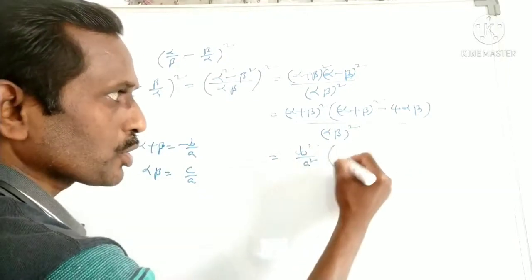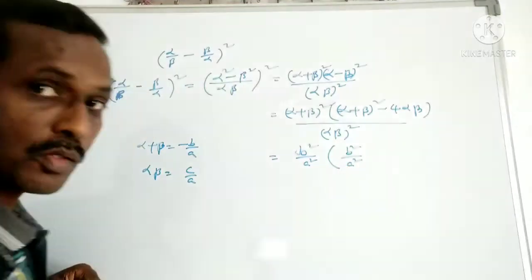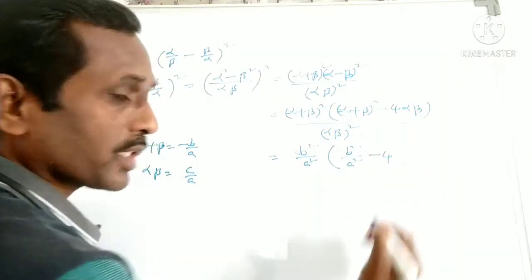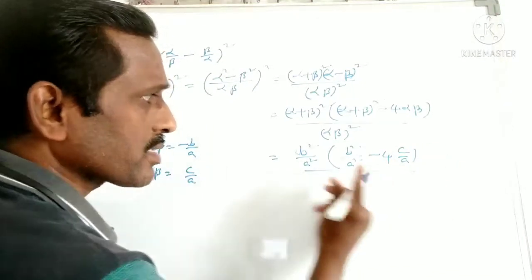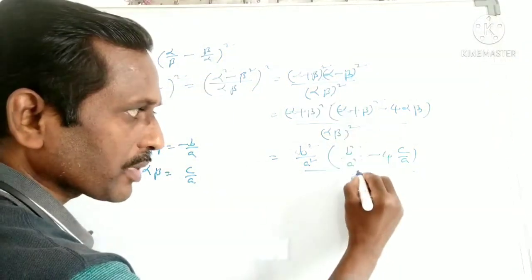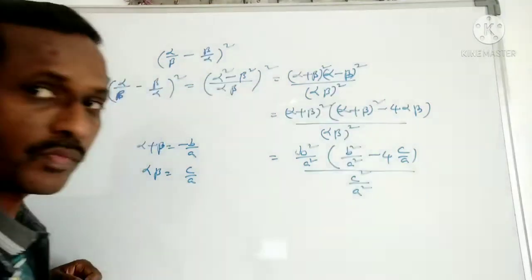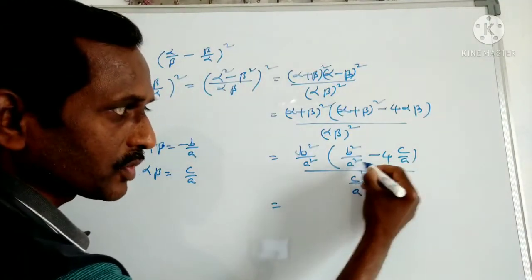Again, into the square of the value, b square by a square, minus 4 times the product of the value, which is c by a. Alpha beta is c by a, so its square becomes c square by a square. Then here, take the LCM. A square is the LCM.